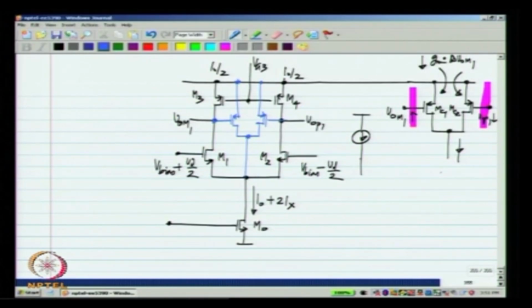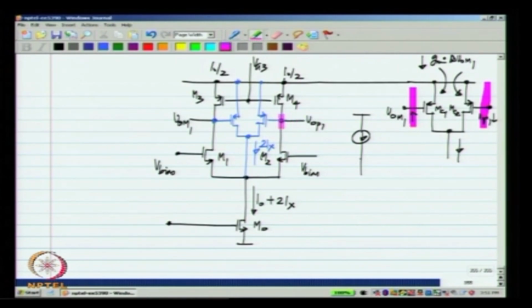Let us again imagine that there is no differential input. By symmetry these two voltages will be equal. Now, what will be the stabilized value of these two voltages? The current in this has to be exactly equal to 2Ix.